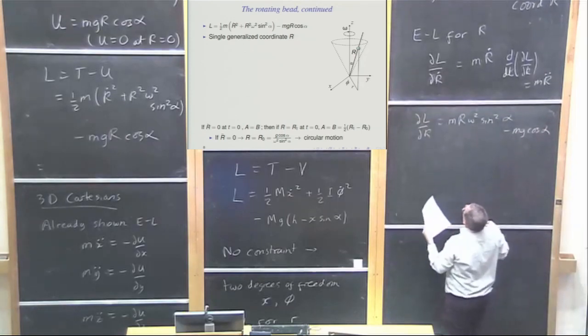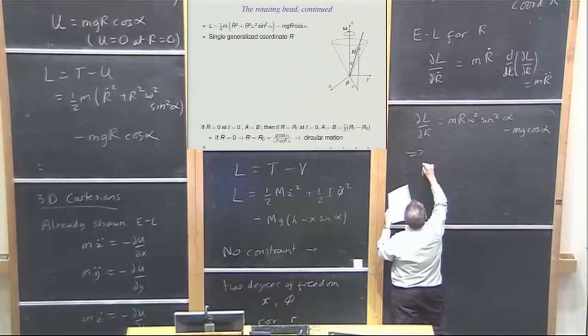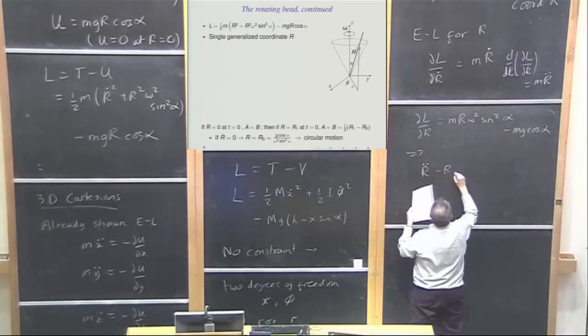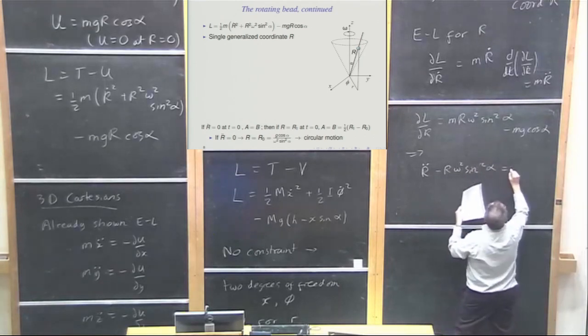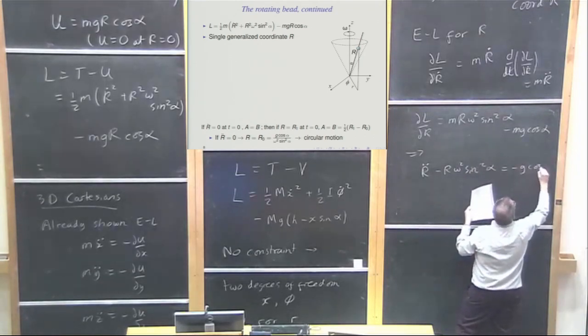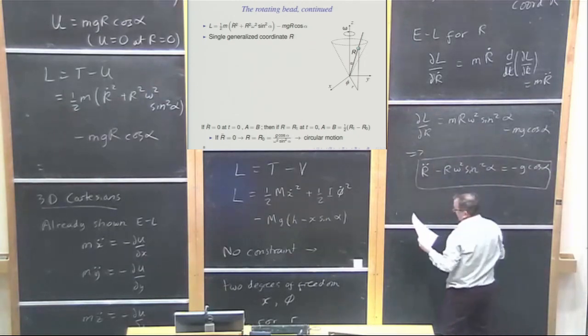So we put these together in the Euler-Lagrange equation and we get that r double dot minus r omega squared sine squared alpha equals minus g cosine alpha. So this is the equation of motion for the bead in r.